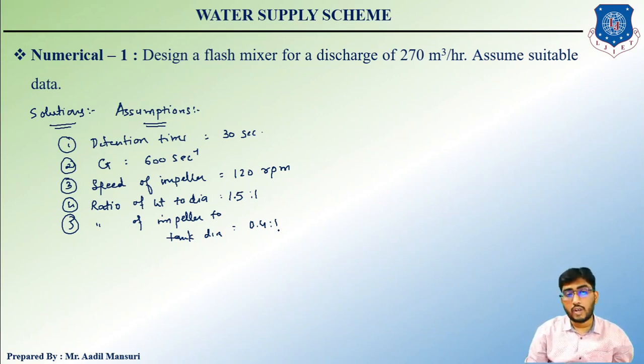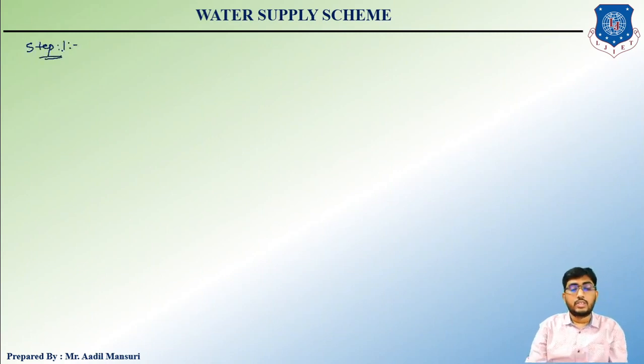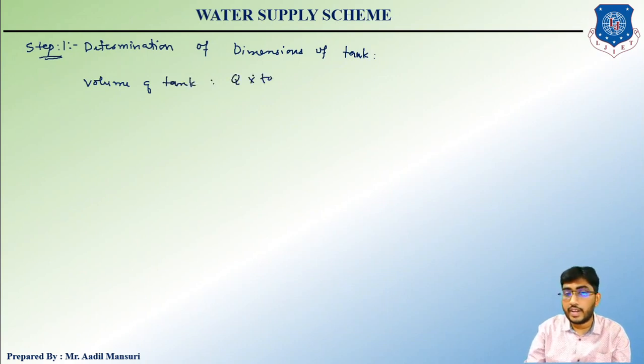Now let us move ahead. Let's start with step number 1. Step number 1 includes determination of dimensions of tank. So first thing, volume of tank will be equal to discharge into detention time.